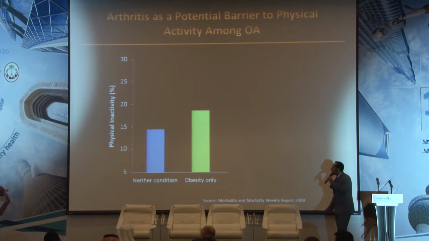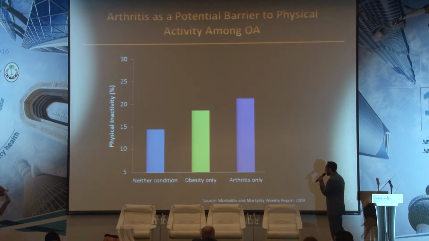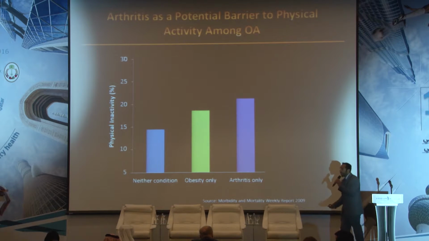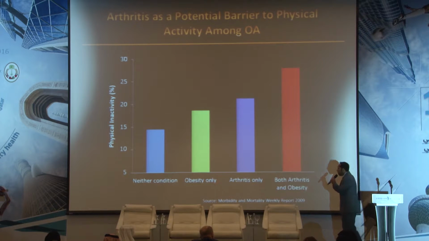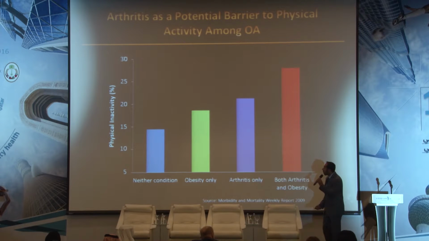What surprised me is to find out that people with osteoarthritis are less active than people with obesity. And the problem is people with both arthritis and obesity are even less active, or they have more sedentary time compared with the three groups.